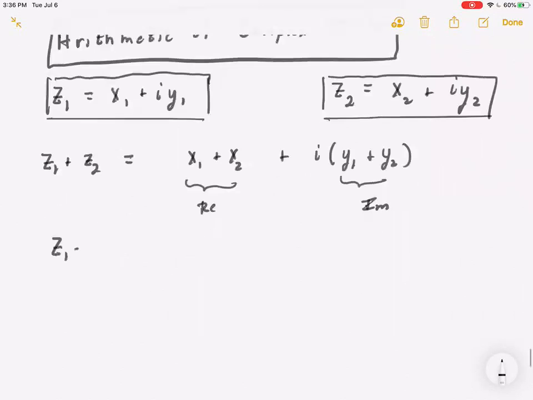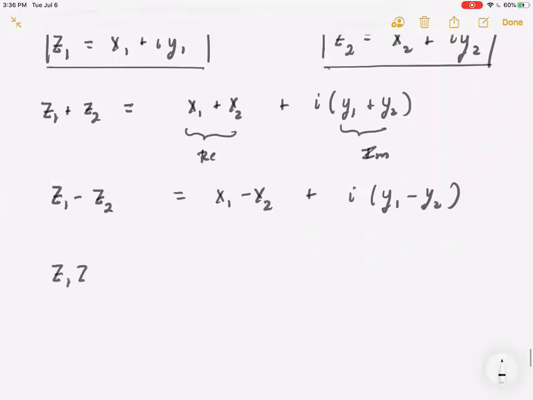There's nothing wrong with subtracting complex numbers. I get a real part and I get an imaginary part. What about multiplying complex numbers? Well, if I just write down what they are, and I recognize that x sub 1, y sub 1, x sub 2, and y sub 2 are scalars, I know how to do multiplication with scalars using the distributive properties of numbers, and I know what i means.